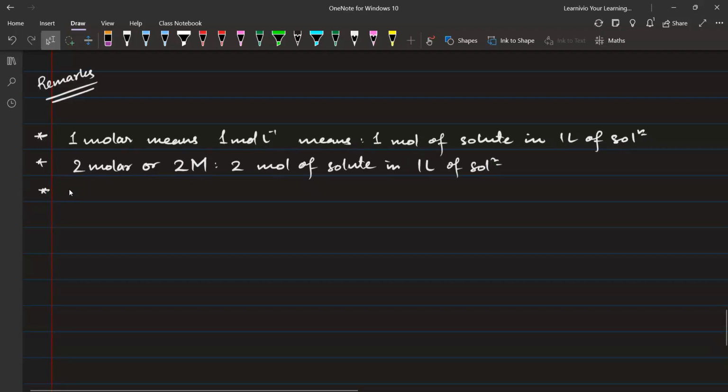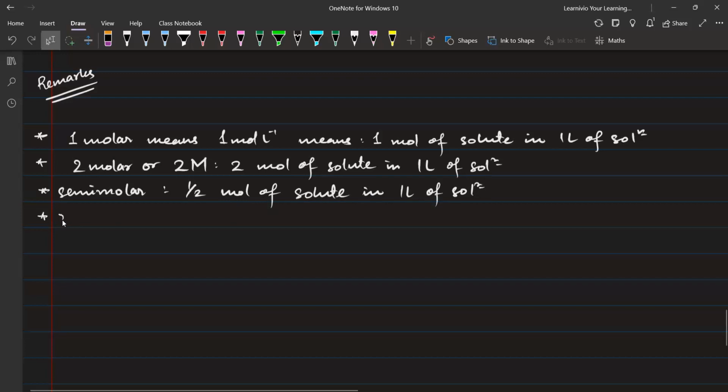Similarly, if I have semi-molar, this would mean half mole of solute in 1 liter of solution.